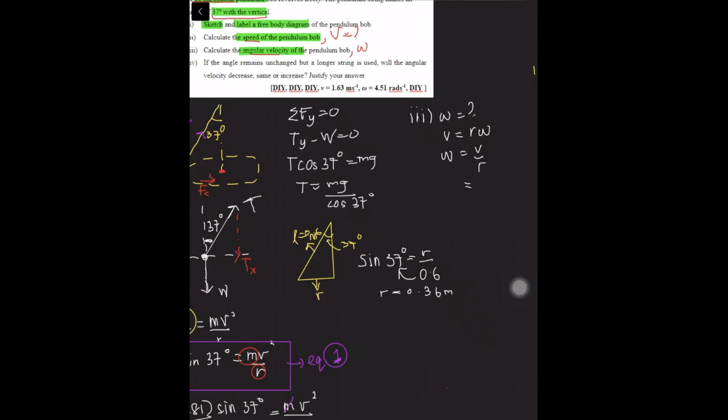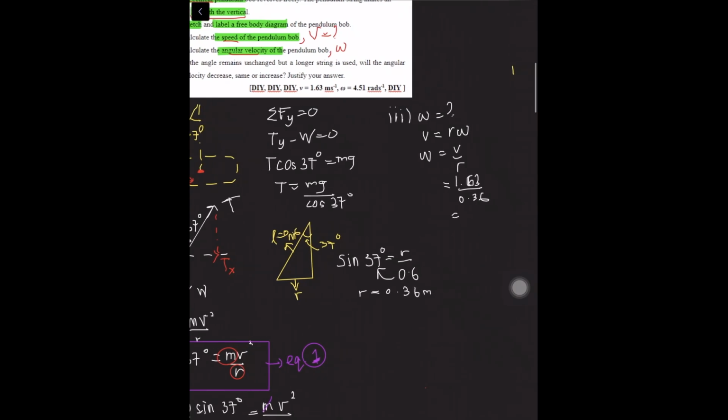Since our speed is 1.63 divided by the radius 0.36, the omega will be equal to 4.53 radian per second.